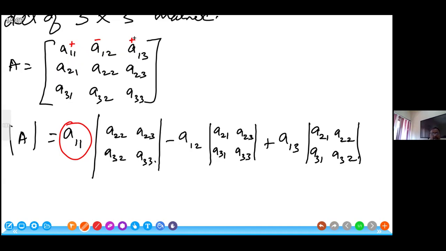All right. So why this plus and minus? For example, A11: what is the addition of the digits, 1 plus 1?